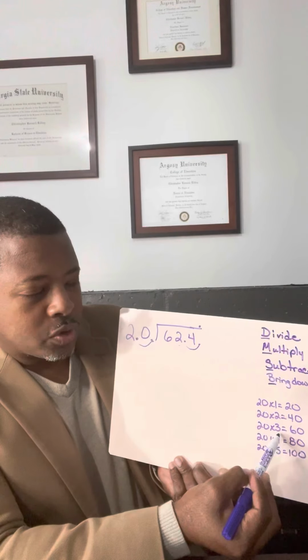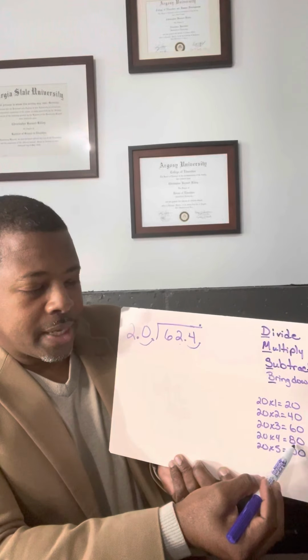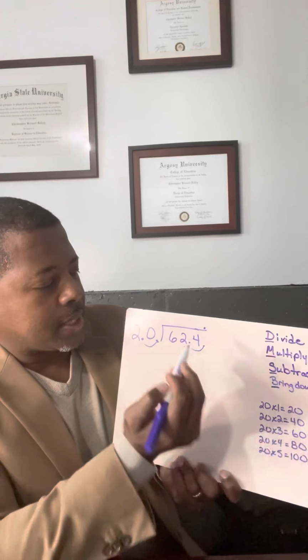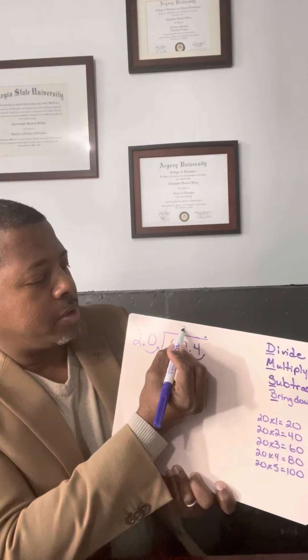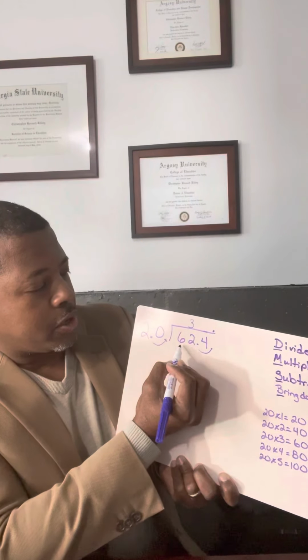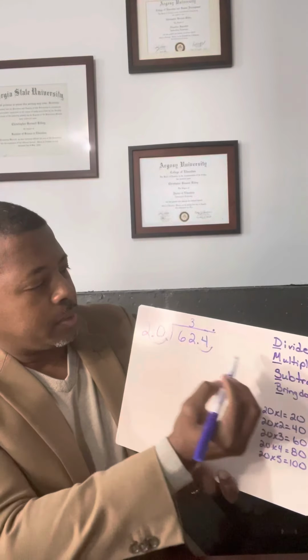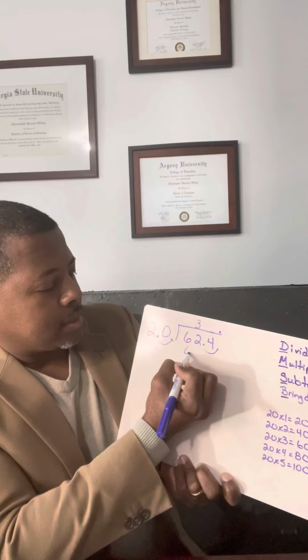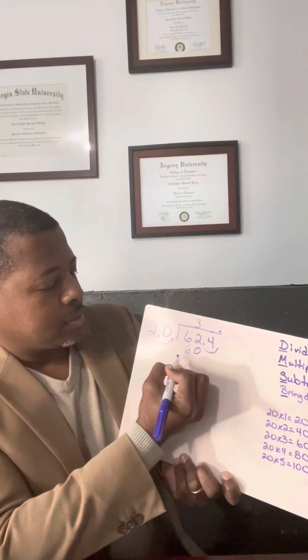I say 20 times 3 is 60, but 20 times 4 is 80. So 60 would be my closest number. So I say 20 times 3. I'm going to put my 3 here at the top over that 2, because I know 3 times 20, which is my next step of multiplying, is 60.